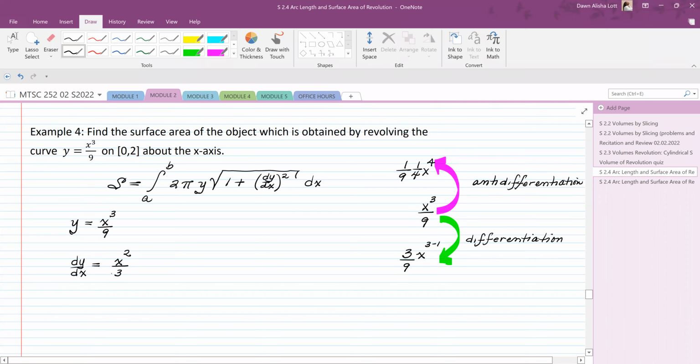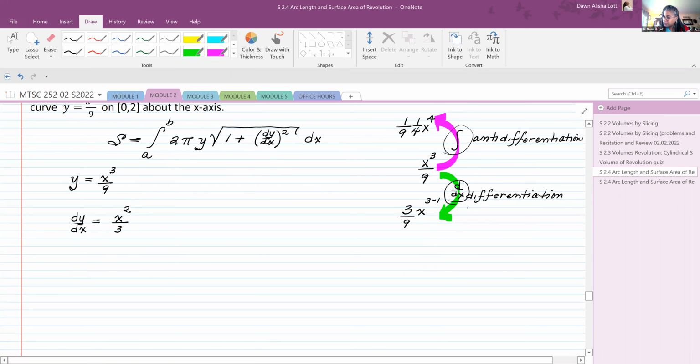Good. We only find the antiderivative when we have that integral sign. This sign is differentiation. This one says anti-differentiation. Okay, keep going.